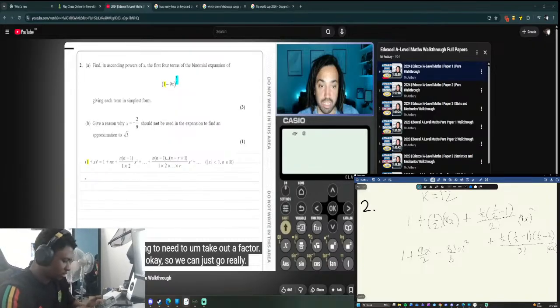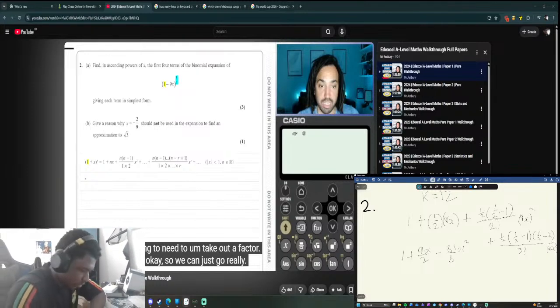And then 0.5 times minus 0.5 times minus 1.5 over 3 factorial.